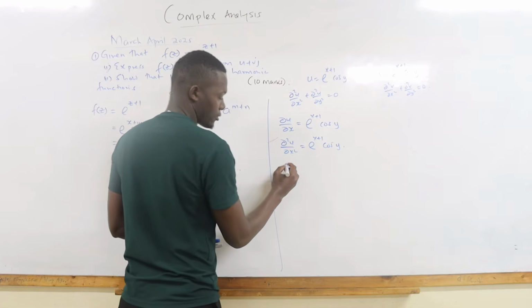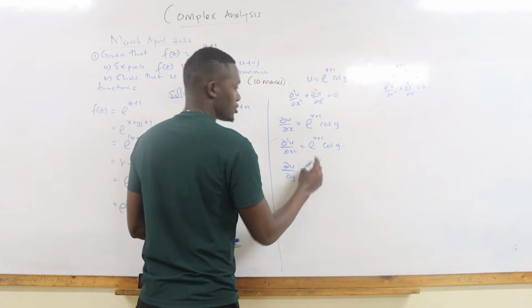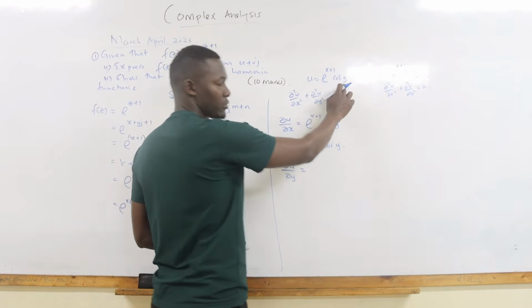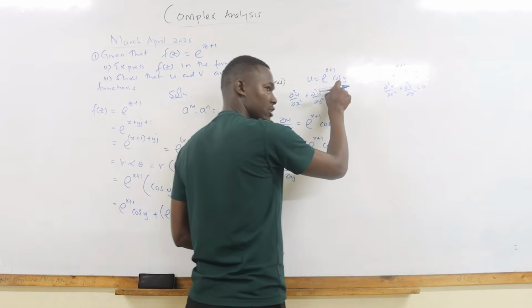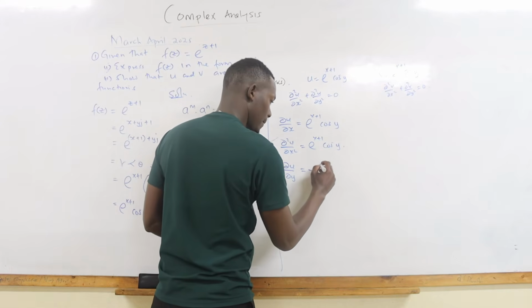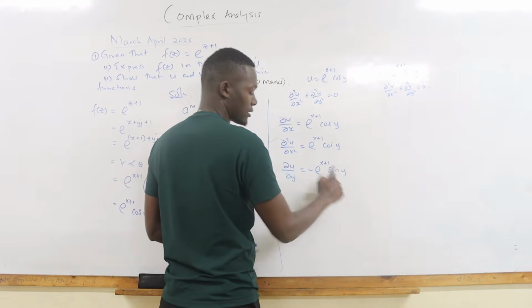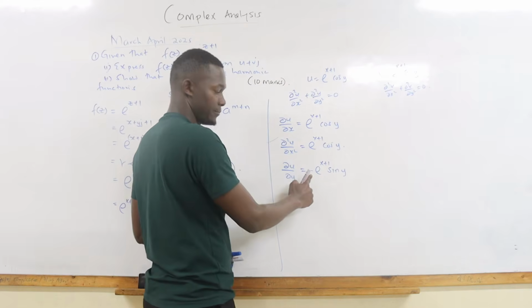Now let's go with respect to y, du dy. When you differentiate cos, you get negative sine. So you shall have e to the x plus 1, then negative sine of y. That is why we have a negative here.